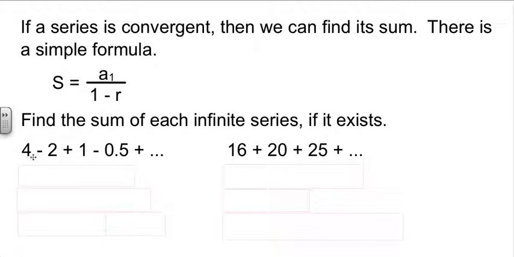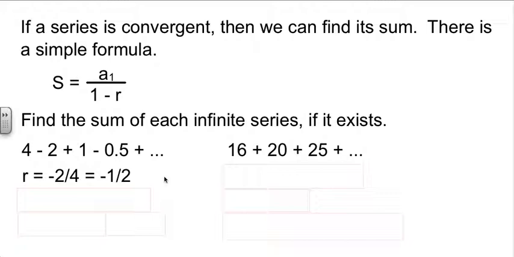So we have some values. 4 minus 2 plus 1 minus 0.5 plus and so on. Okay. First, we need r. Second term divided by first term. -2 divided by 4 is -1/2.